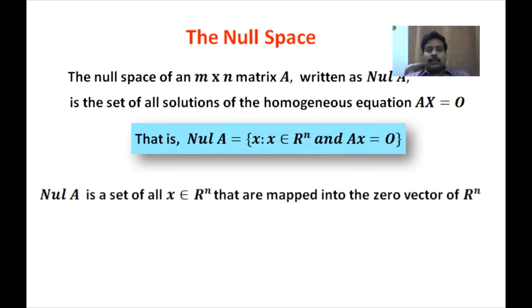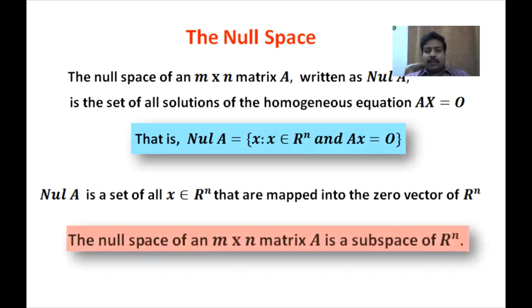So null A is the set of all x belonging to Rn that are mapped onto the zero vector. The null space of an m by n matrix A is also a subspace of Rn. This is what we have seen in our previous classes. So we quickly went through those items for ready reference for this class.